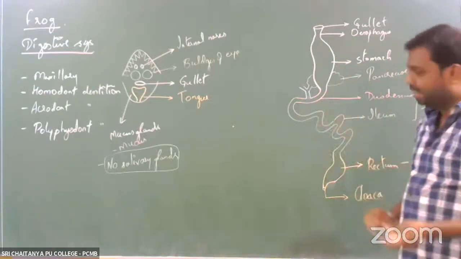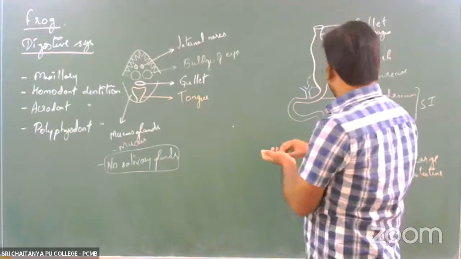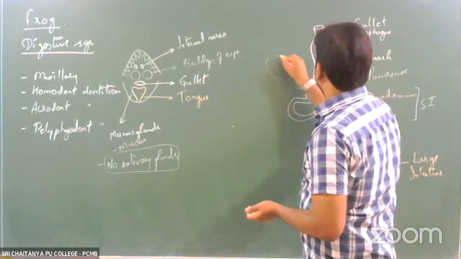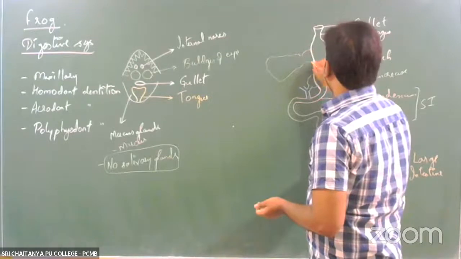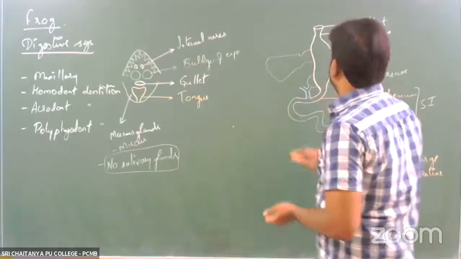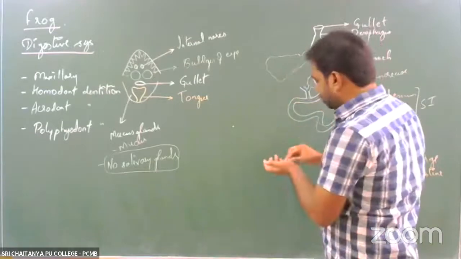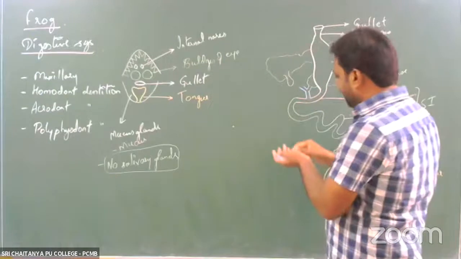Then towards the other side, there is this larger structure, and this larger structure is called the liver. So here there will be the liver, the largest gland that is present. It is a bilobed structure, a larger gland, and here there would be another additional organ attached to it, which is called the gallbladder.